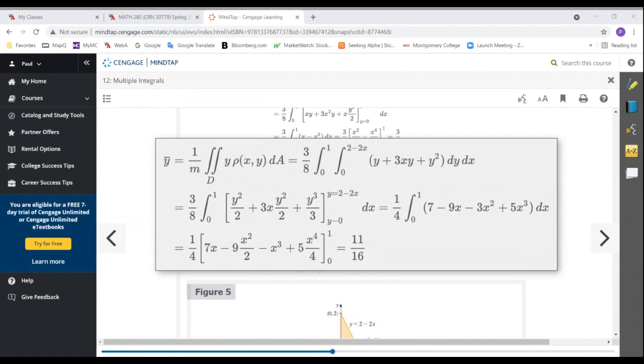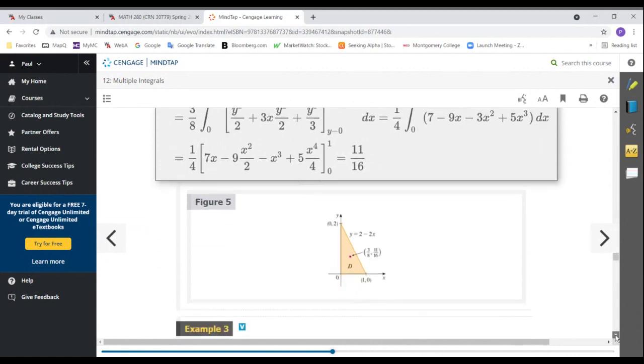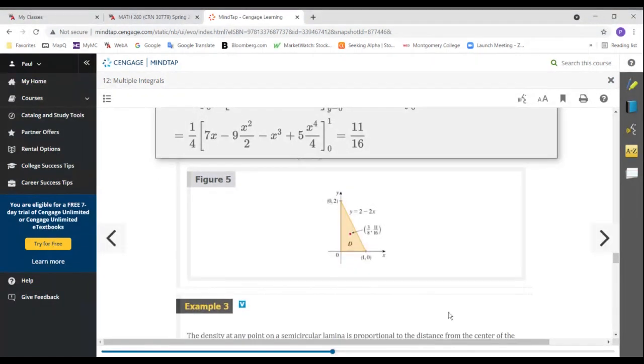Yeah, you get 11/16. And so it turns out your center of mass is going to be 3/8 and 11/16, based on the picture here in figure 5.